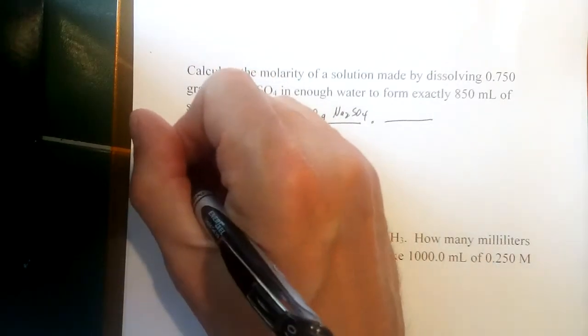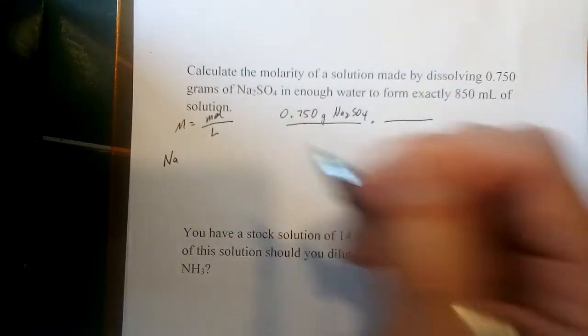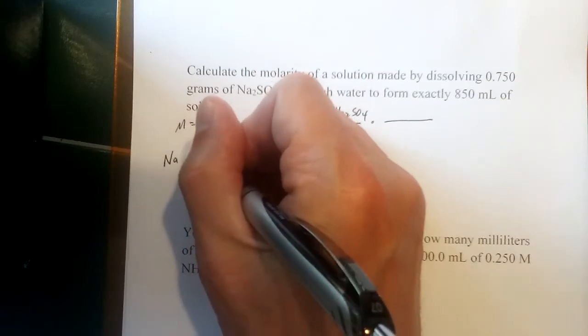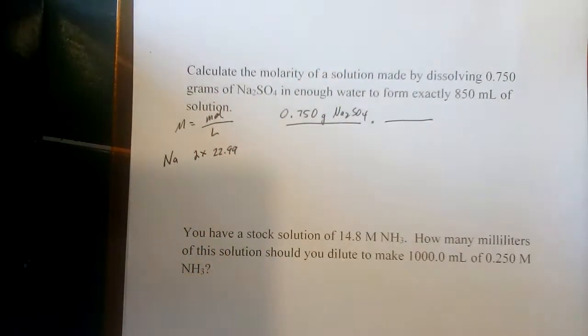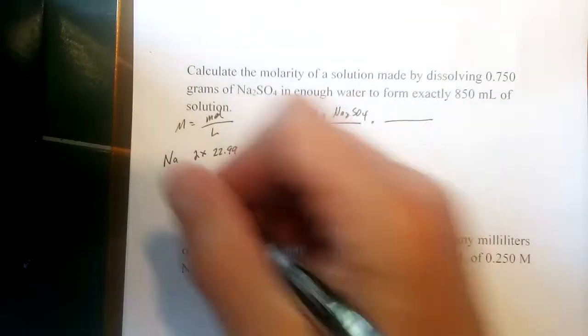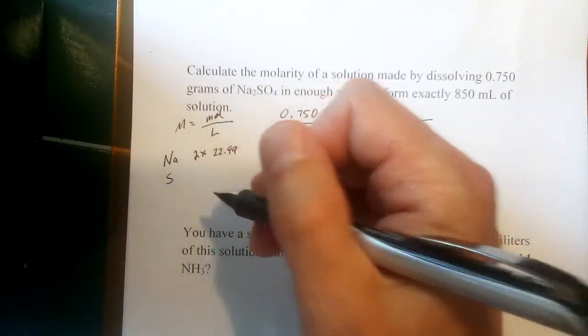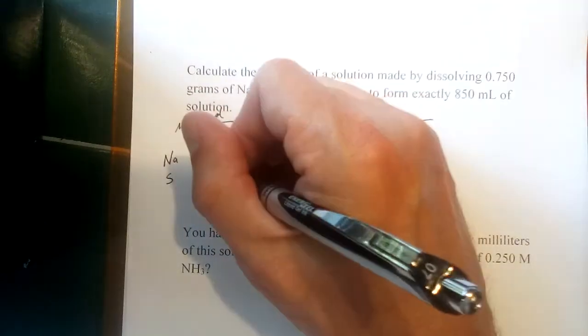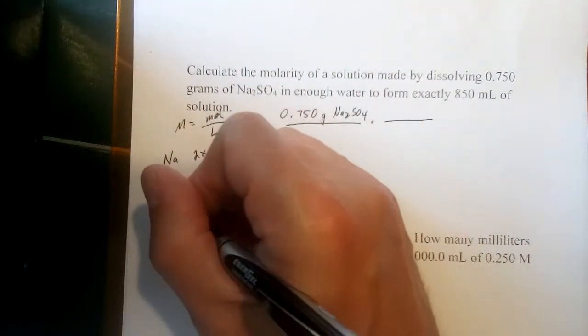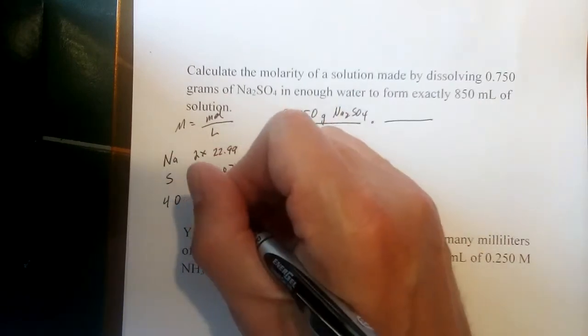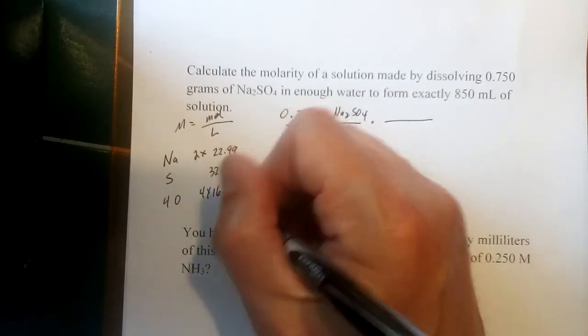We've got sodium, and there's actually 2 of them, so we'll multiply 2 by the mass of sodium, which is 22.99. 1 sulfur. Sulfur is 32.07. Right? And 4 oxygens in the sulfate, so that would be 4 times 16.00.